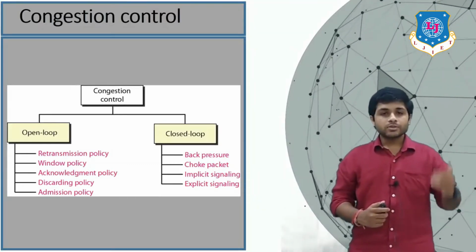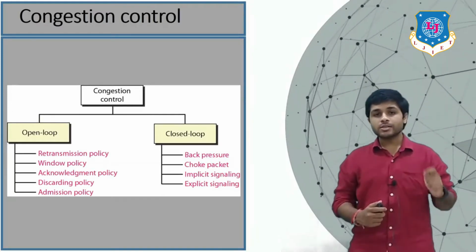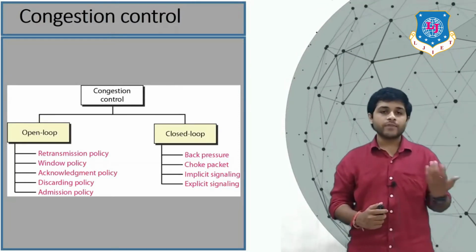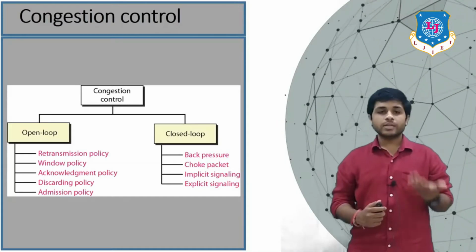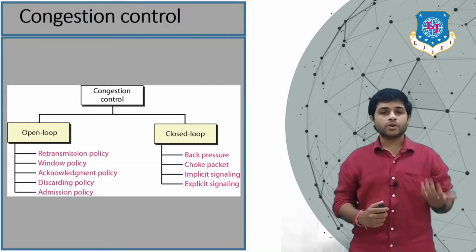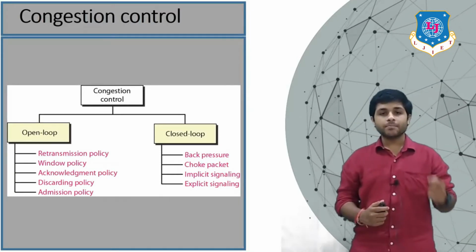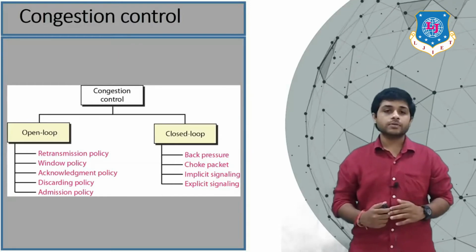But to send that many packets at a time, it should also consider the capacity of the link. What if the link cannot carry more than 5 packets at a time? In that case, the remaining packets will be dropped. So the window policy tells that the sender should be sending packets according to the capacity of the link or receiver.